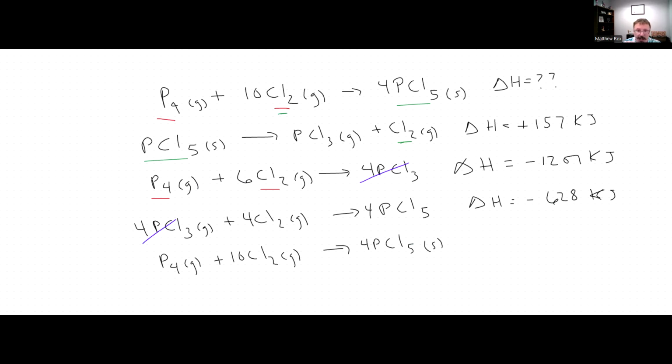So now, since I added those 2 reactions, I'm just going to add the delta H's. So I'm going to add negative 1,207 to negative 628. And I'm going to get a delta H of negative 1,835 kilojoules, or answer A.